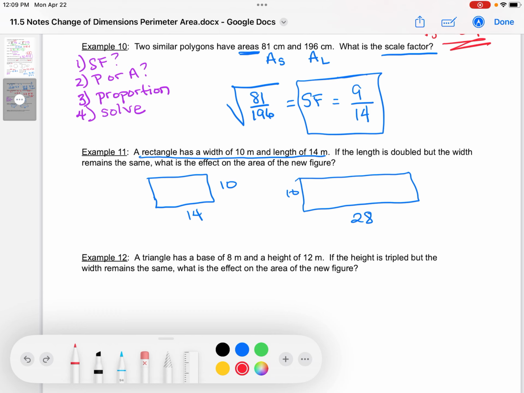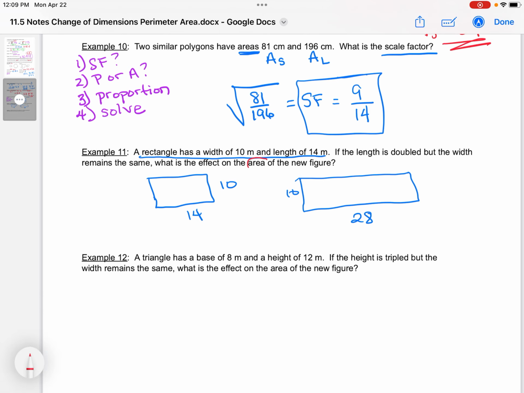So let's do, because we're comparing the area, 14 times 10 is 140. So the area of the small one is 140. And the area of the large one's going to be 280. So to compare them, you could do a couple things. You could make a fraction, or you could just look at the numbers and think 140.